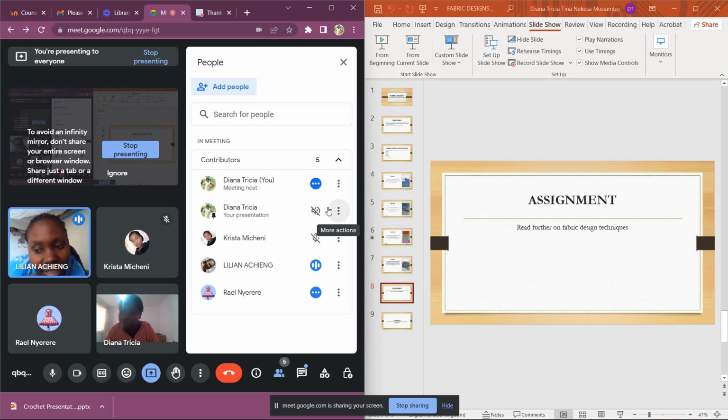But knitting you can do using a machine. Okay, thank you. Krista, tell us, what have you learned today? I've learned what is weaving and how to differentiate weaving and knitting. Okay, thank you. Ryle, do you have anything to add?